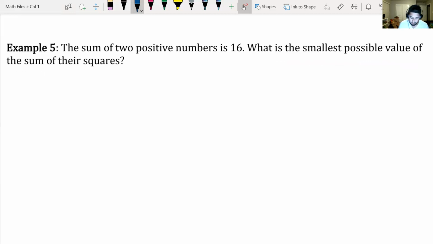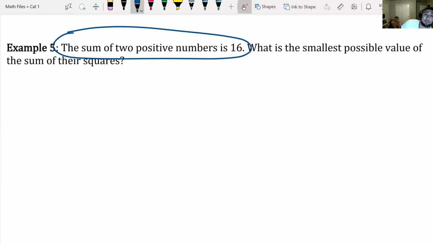So let's start off with the first piece of information given. The sum of two positive numbers is 16. Well, I bet it's 8 and 8. Just a hunch. Okay, so this means that I have x plus y equals 16.